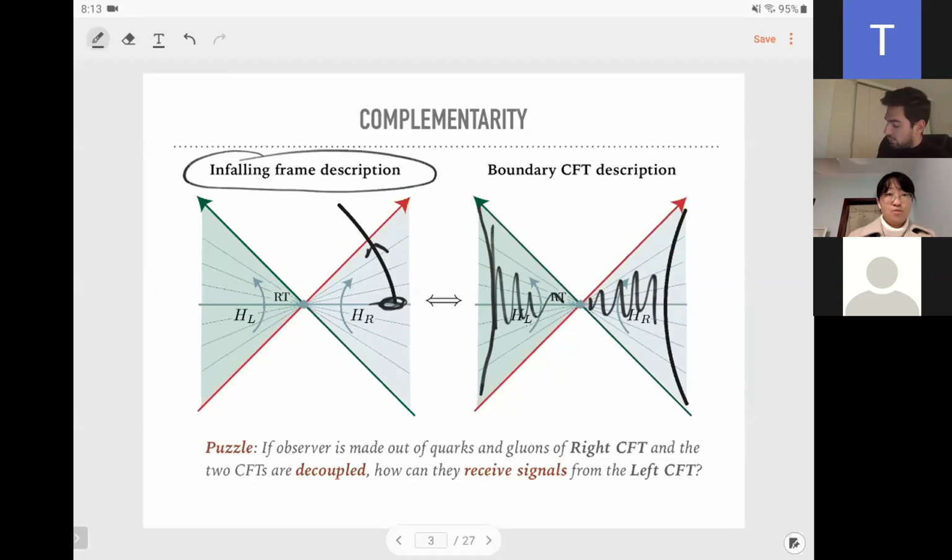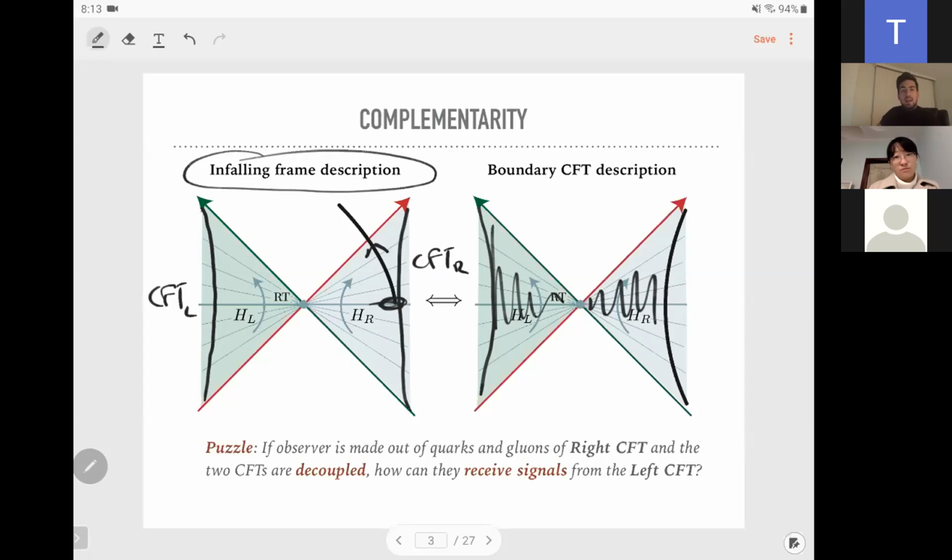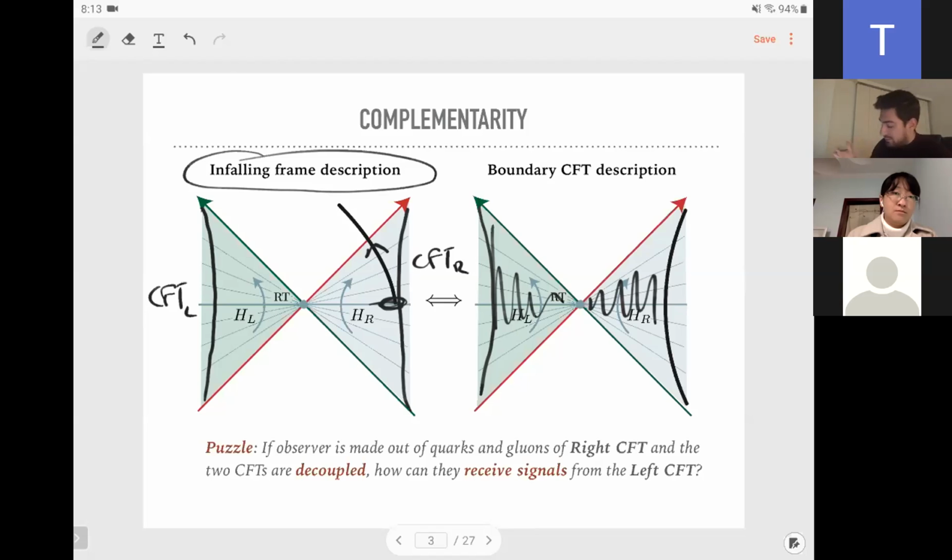So this two-sided wormhole geometry is described microscopically, at least so we believe, by two conformal field theories, the CFT left and the CFT right. These two theories are holographic and they're copies of each other, but they are decoupled. Namely, the Hamiltonian does not couple the left CFT and the right CFT, but they start at this t equals 0 slice in a very entangled state called the thermofield double state.